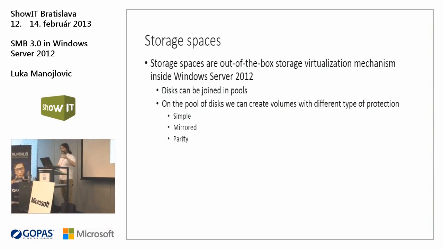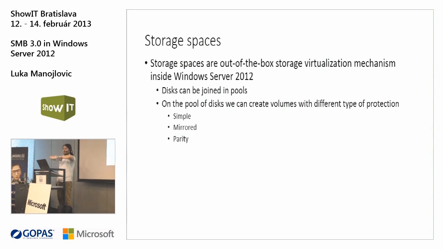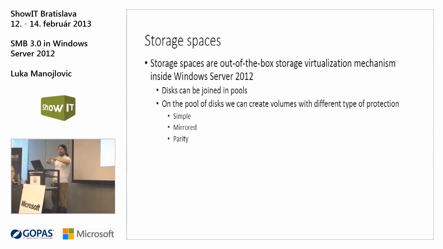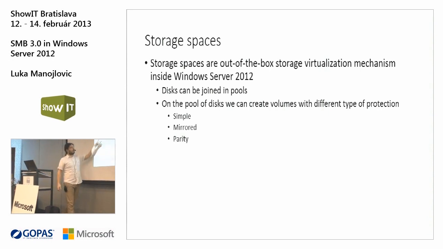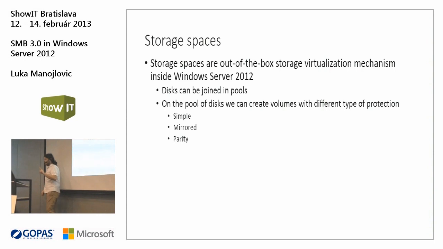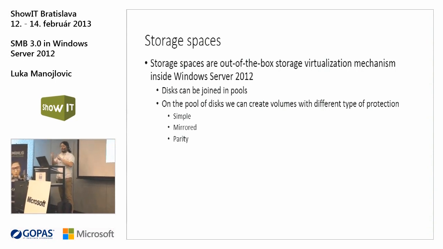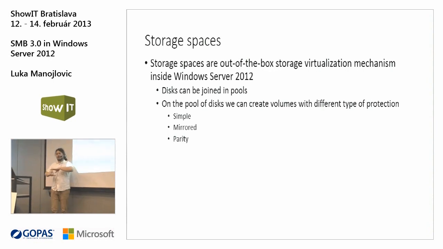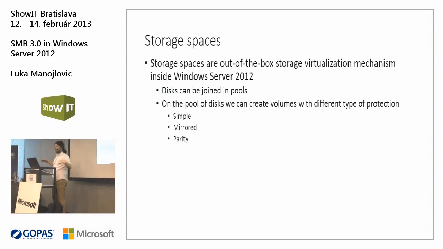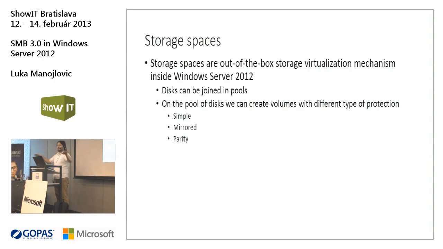Simple: data is located everywhere, but there is no redundancy, so if something fails, you will lose the volume. Mirrored, two-way or three-way mirrored, works like this: if you put it in a two-way mirror, data will be stored on at least 2 different drives in your server. If you create a three-way mirror, it will be saved on 3 drives in your system. And you have parity, where the data and parity are equally dispersed around the pool.